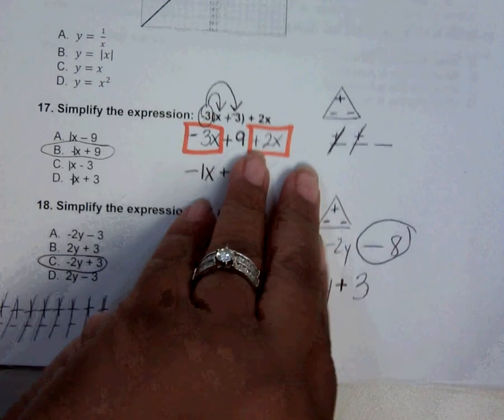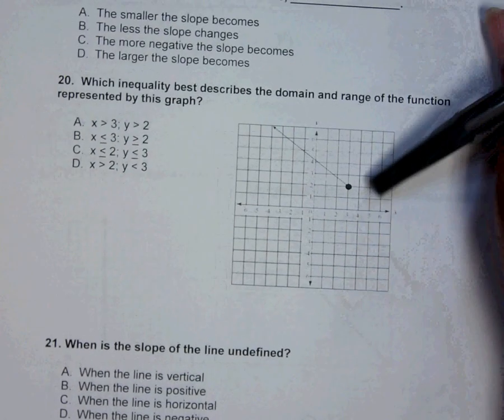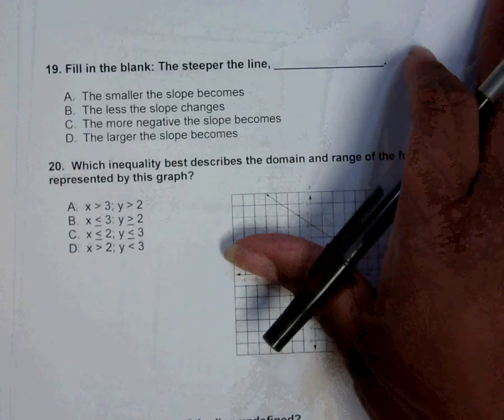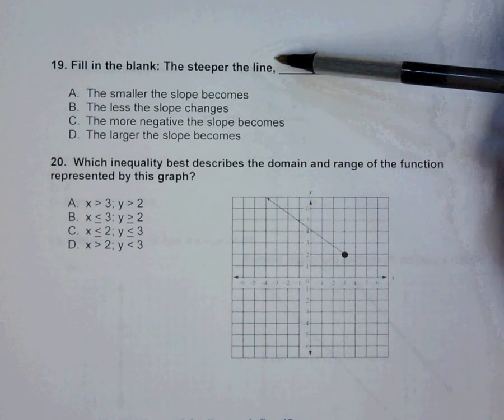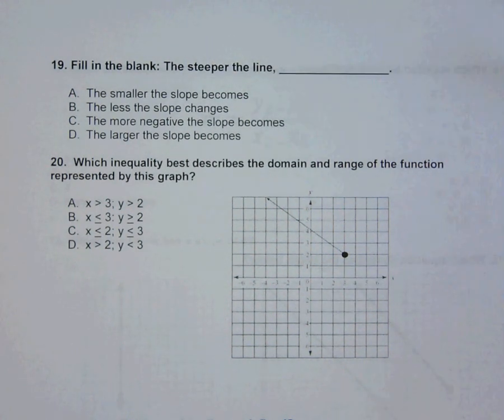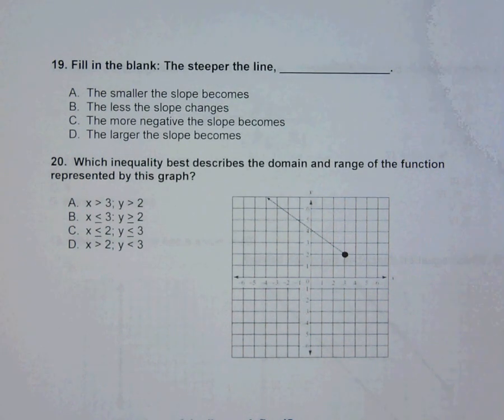Okay, now I want to talk about number 19, just to make sure that you understand this question. It says to fill in the blank, the steeper the line. Okay, so we know the steepness has to do with looking at the slope of the line.